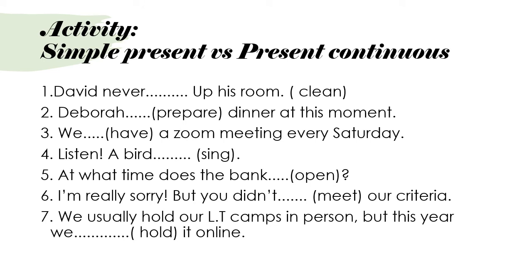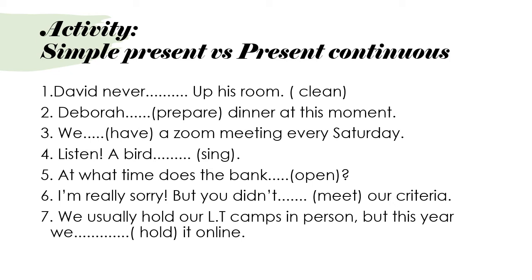Now let's do an activity to understand this: whether the simple present or present continuous form of the verb should be used. In the first case, because the signal word is never, it would be simple present: David never cleans up his room.